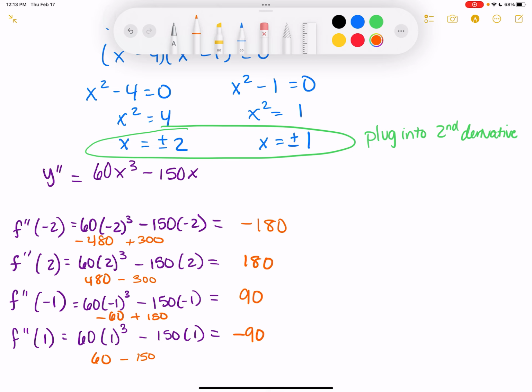So from the second derivative test, it says that if we take the first derivative and set it equal to 0, and then we evaluate the second derivative at that value, if it's less than 0, it's a max at that value, and if it's greater than 0, it's a min at that value. So this first one is less than 0, second one is greater than 0, third one is greater than 0, fourth one is less than 0.